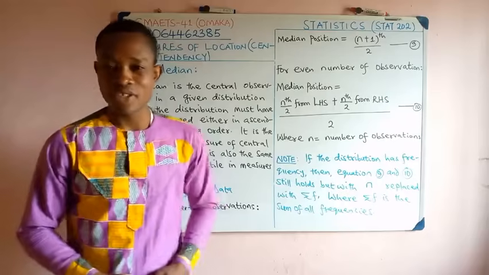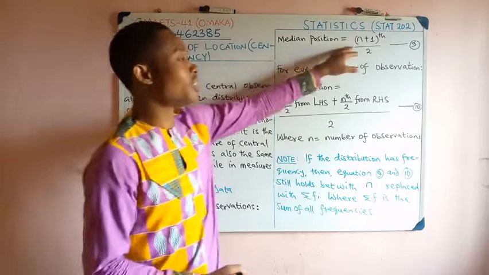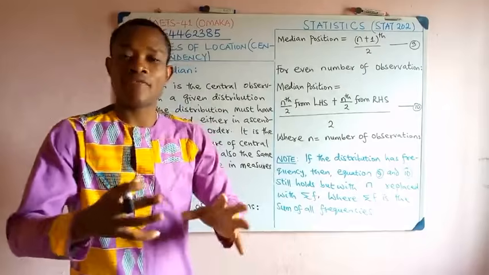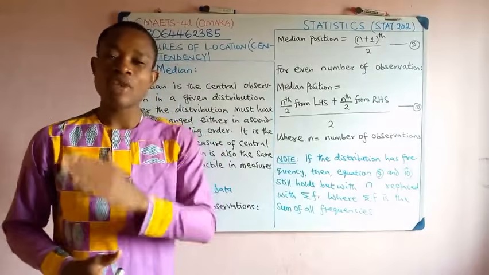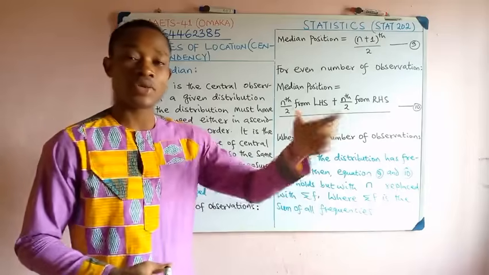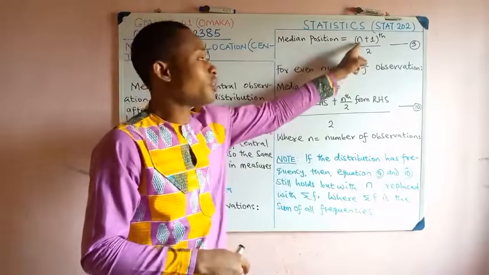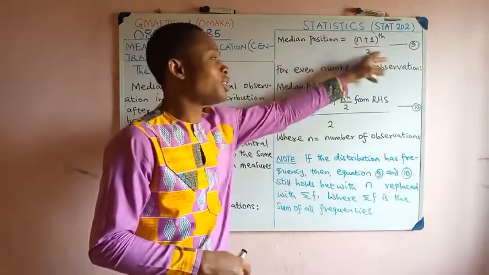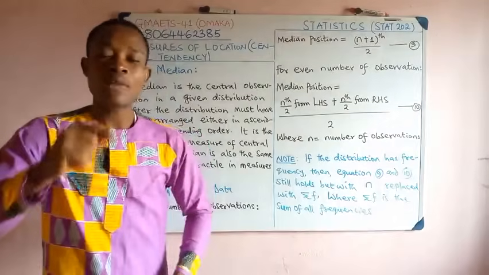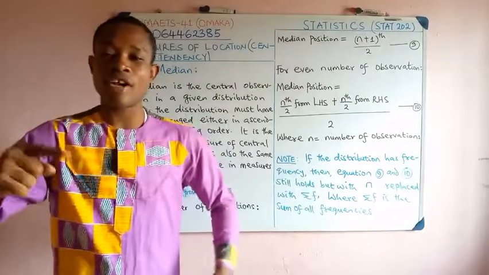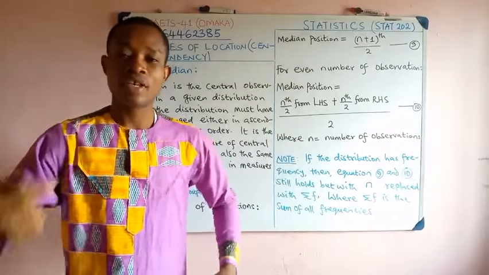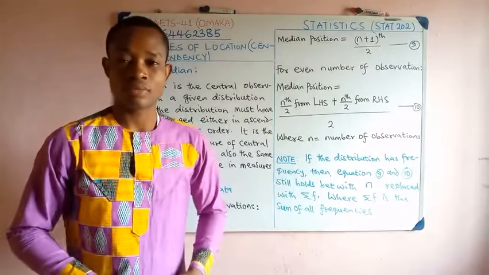How do you obtain the median? Equation 9 can help us to quickly identify our median there. After arranging the distribution either in ascending or descending order to obtain the median position, simply obtain n plus 1 divided by 2. The n plus 1 item divided by 2 gives us the median.